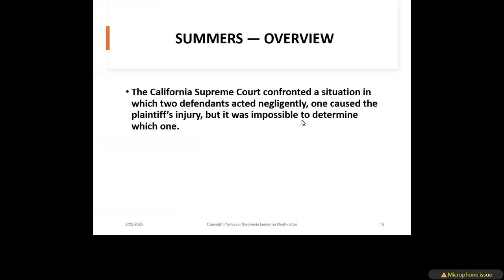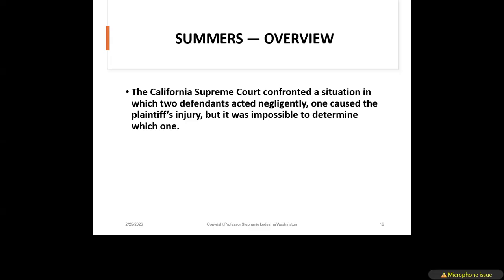So let's take a look at Summers v. Tice. The California Supreme Court confronted the situation that we've just described. Here's the situation. Two defendants act negligently. One of the two defendants caused the plaintiff's injury. The plaintiff cannot identify which one.